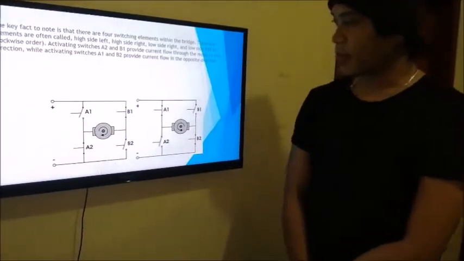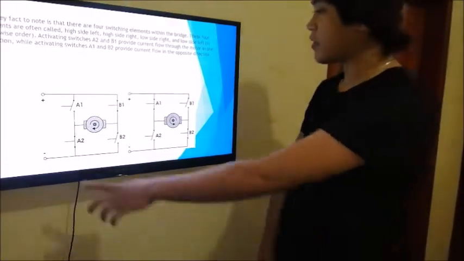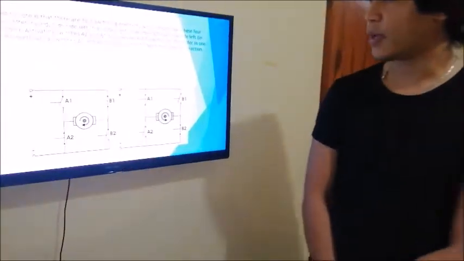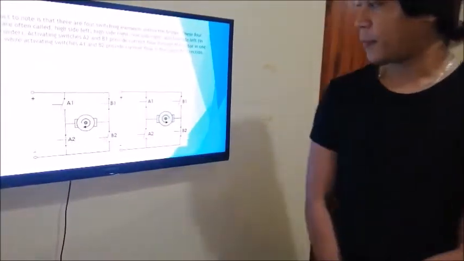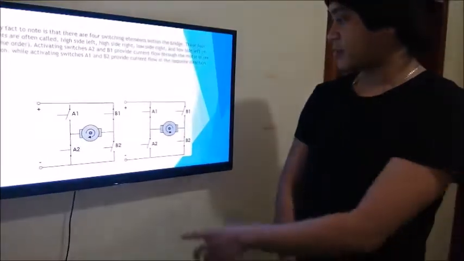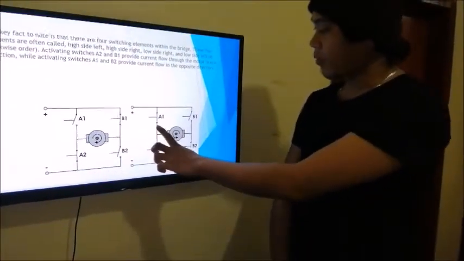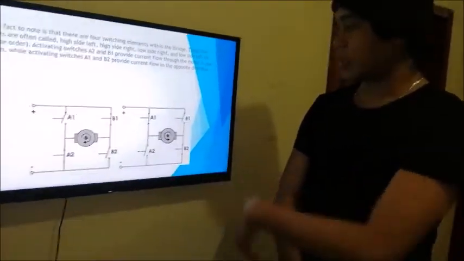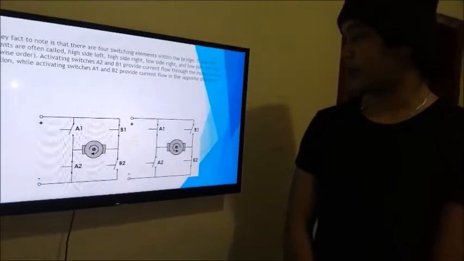In this diagram, A2 and B1 are closed. And in the next diagram, A1 and B2 are closed, and the rest are open.